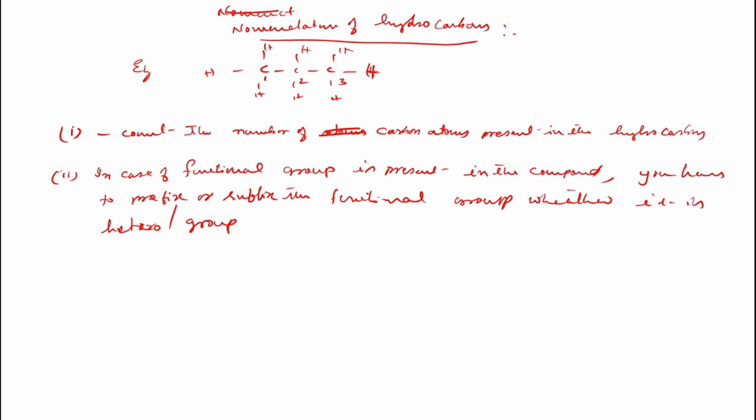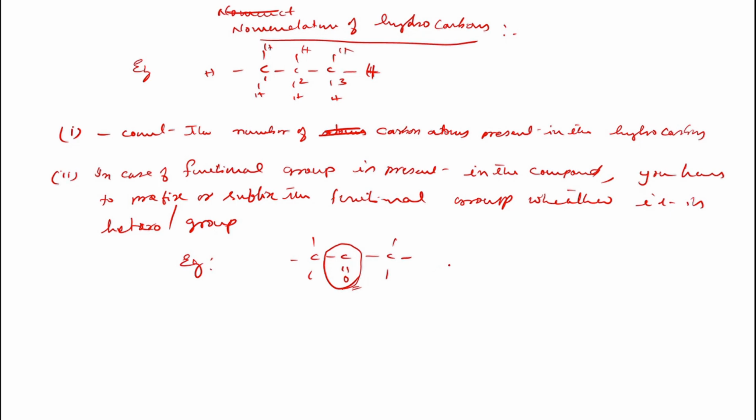Discuss. See, one example we will take. Example, see, I have taken ketone. See, ketone group is present in this carbon atom. How we have to give name to it? So that is important, because ketone is there, we have to put name in the last.